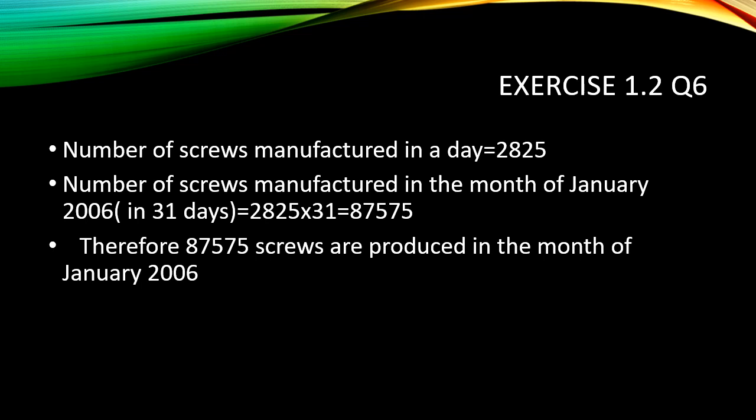Number of screws manufactured in the month of January 2006, that is in 31 days, is equal to 2825 multiplied by 31, that is equal to 87,575. Therefore, 87,575 screws are produced in the month of January 2006.